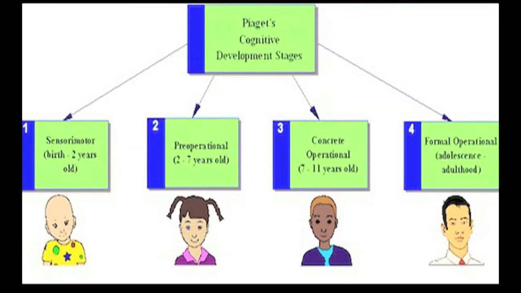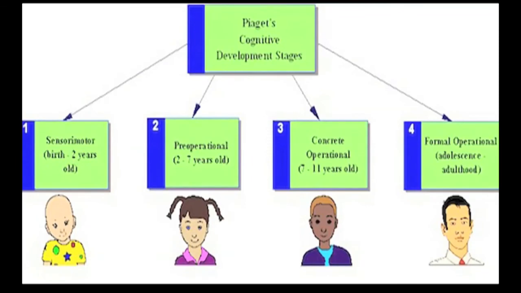As the individual passes through the 4 stages of cognitive development, starting from the sensory motor stage, then the pre-operational stage, concrete operational stage, and finally the formal operational stage, the process of cognitive development is more or less reached.